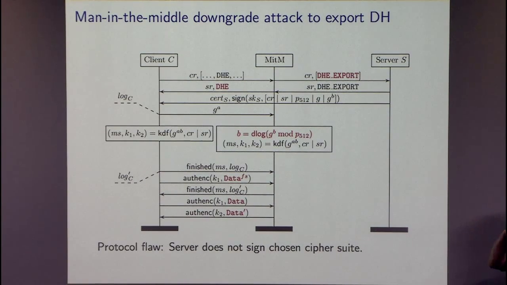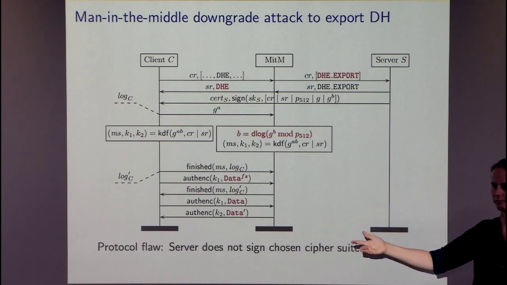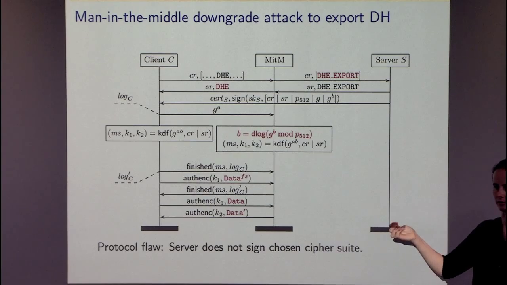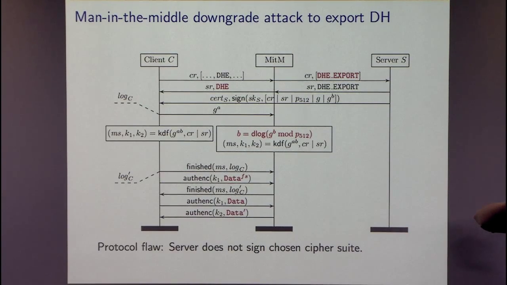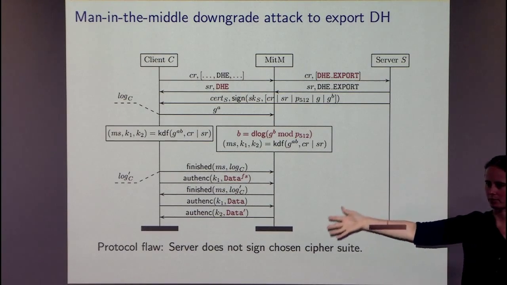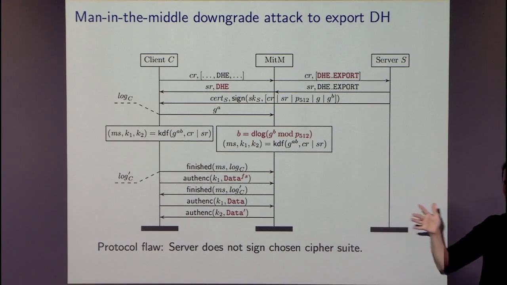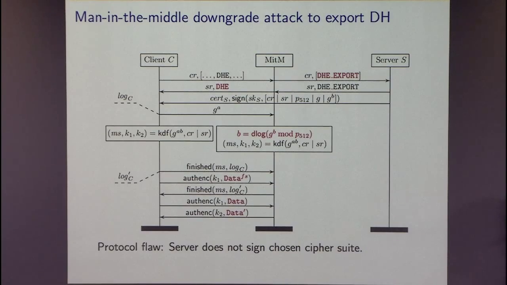So you would have to break the discrete log in real time. And if it cost as much as a 512-bit factorization for each of these, then such a downgrade attack would not be possible. But because we can do a pre-computation for a prime and then do the online computation for an actual target much, much faster, a downgrade attack of this form actually is possible.